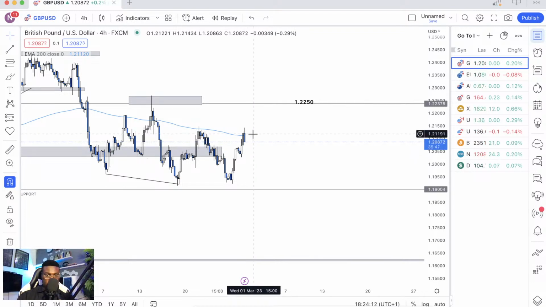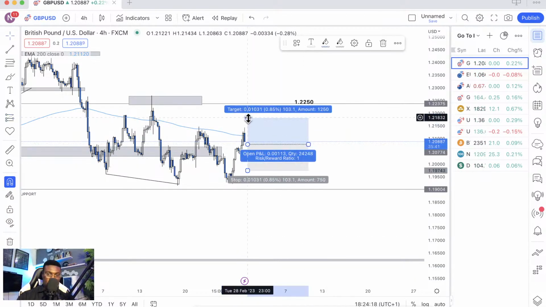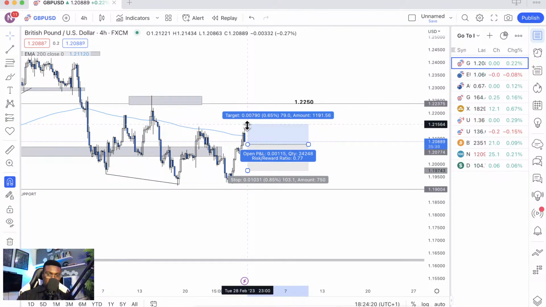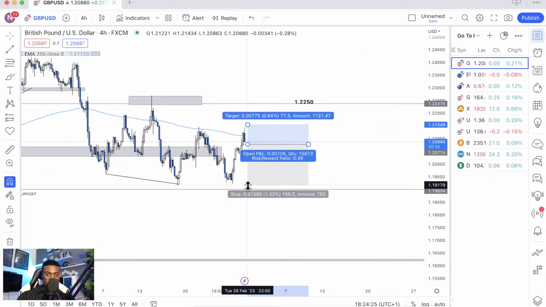Then you can hop on your sell trade and put your stop loss just somewhere above the previous bearish candlestick, and then you can get your targets at the 1.19 level.